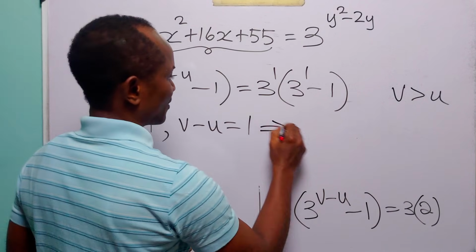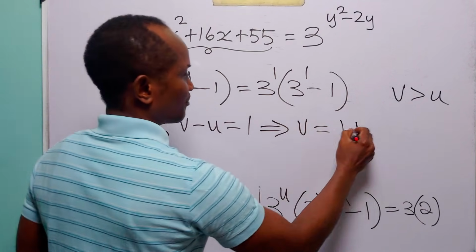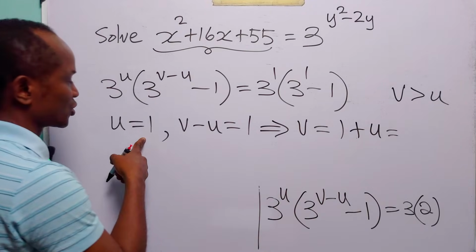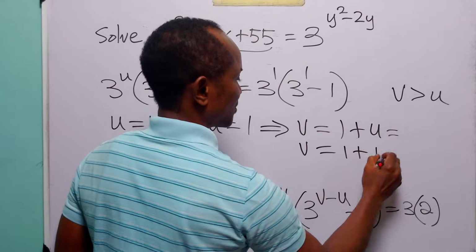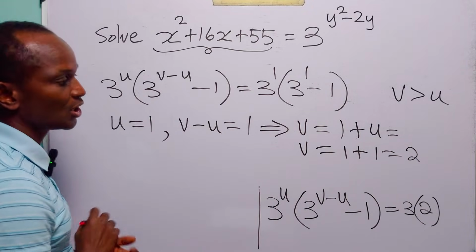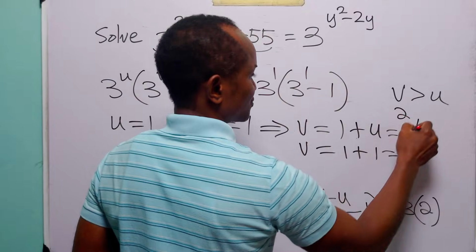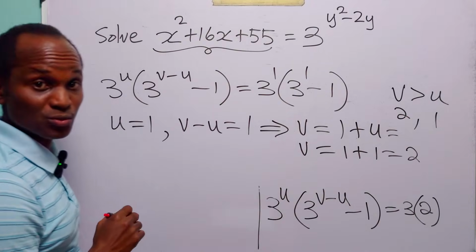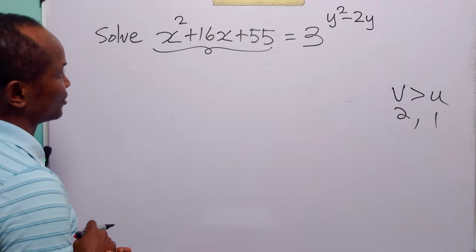From here, we have that v is equal to 1 plus u. But of course, u is equal to 1. So we have that v is equal to 1 plus 1, which is equal to 2. So we have now that v is equal to 2, while u is equal to 1. Now let us go back to the original equation.